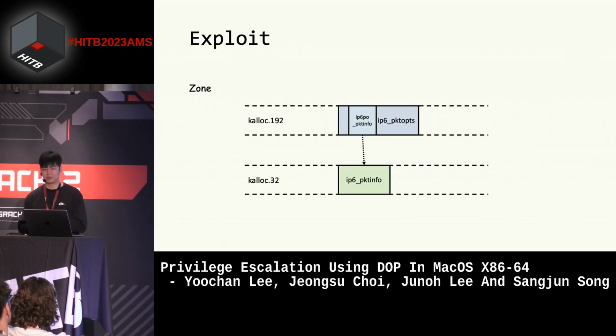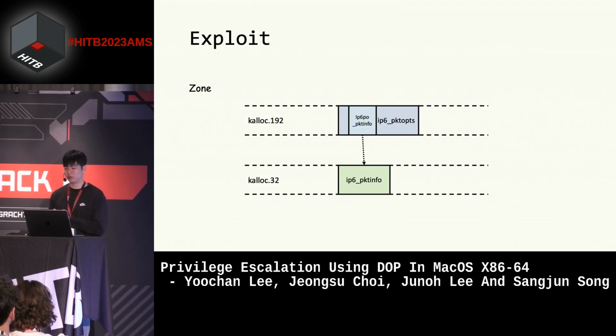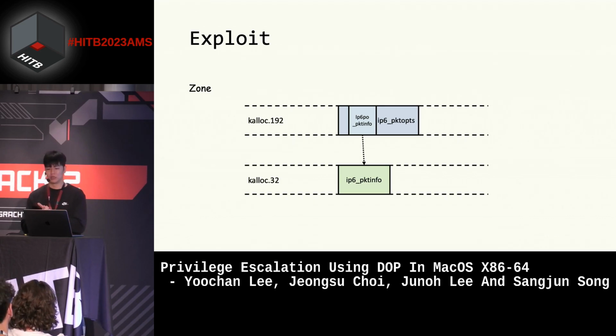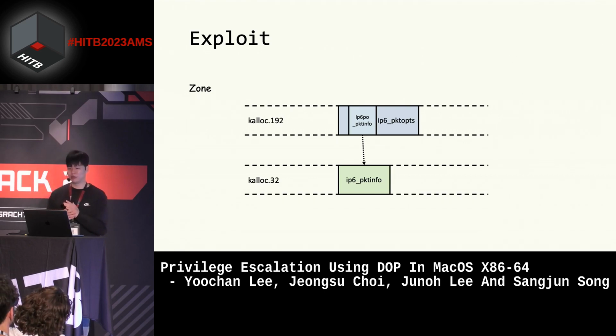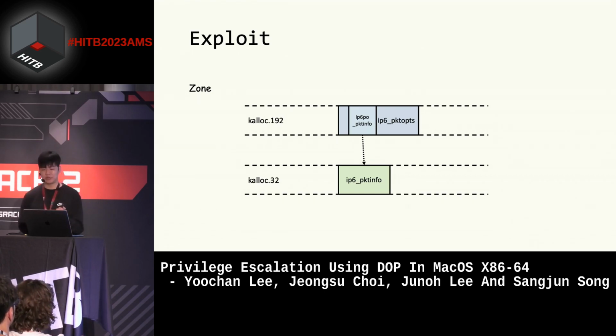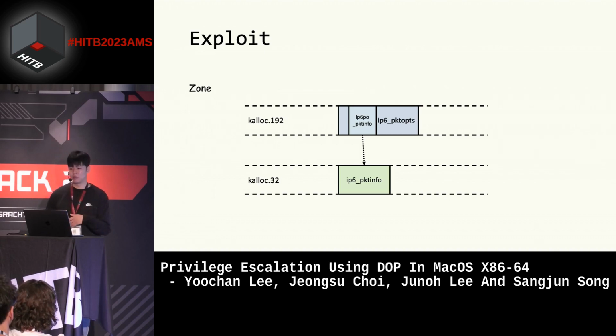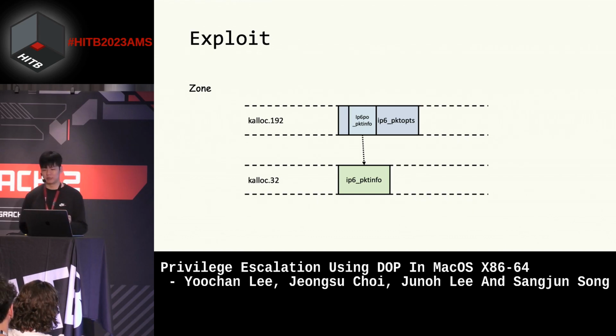Before trying to exploit, the most important issue is which zone the target object is placed in. Similar to the Linux kernel, macOS and iOS use zones for performance and security. There is a dedicated zone and a general zone, but in this presentation, we only introduce the general zone.